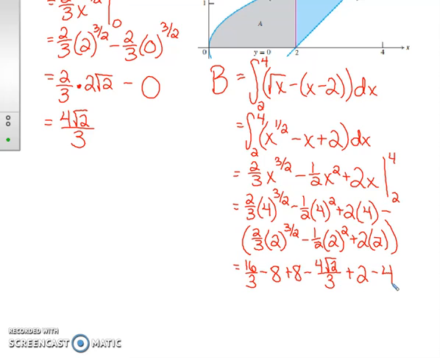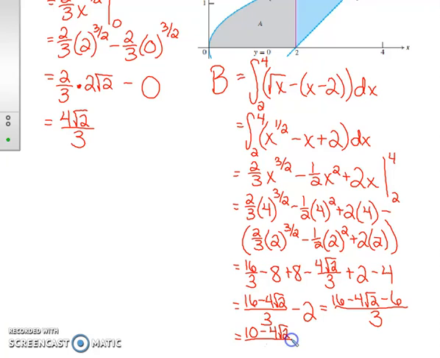All right, looking at all that, your minus 8 and your plus 8 cancel, so you end up with 16 minus 4 square roots of 2, all over 3. And then 2 minus 4 would give me a minus 2 here. So we get 16 minus 4 square roots of 2 over 3, and 2 would be the same as 6/3, so I'll put a minus 6 right there. So we end up with 10 minus 4 square roots of 2 over 3 for region B.